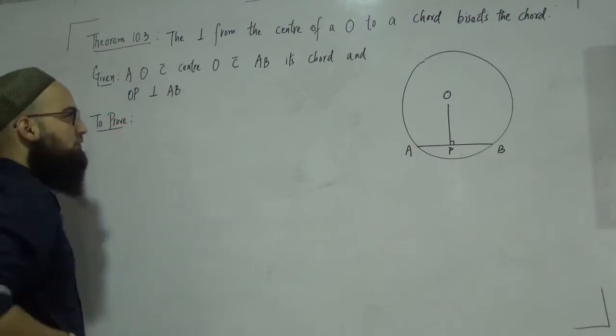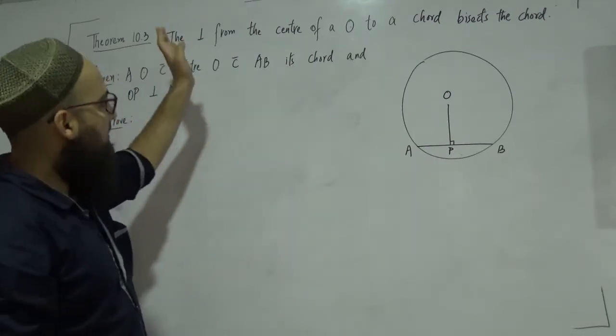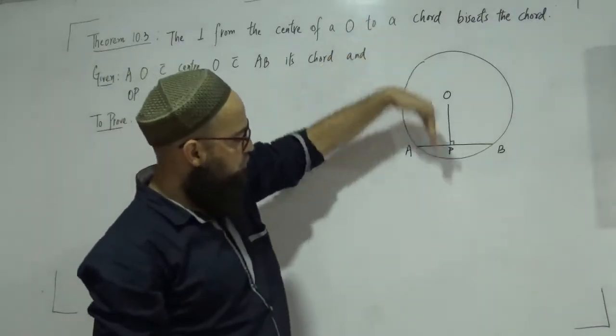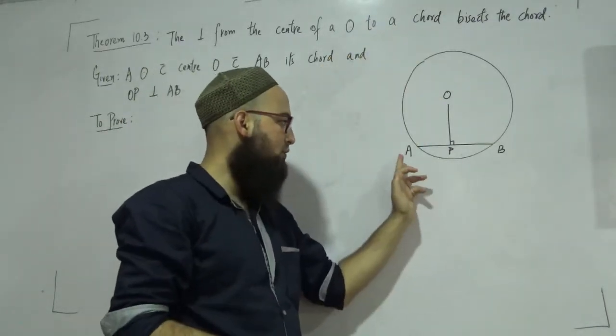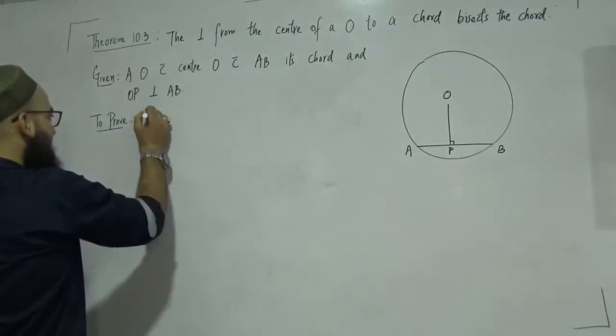To prove: that the perpendicular from the center of a circle to a chord bisects the chord. That means we have to prove AP is equal to PB.